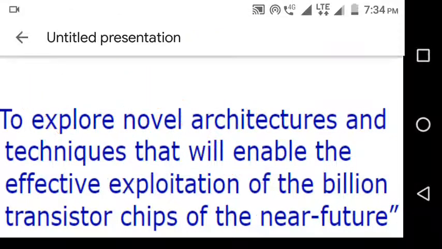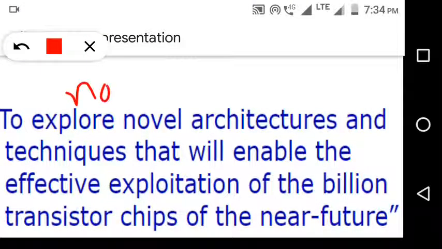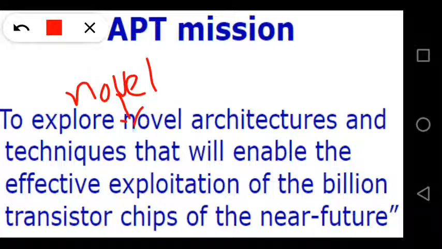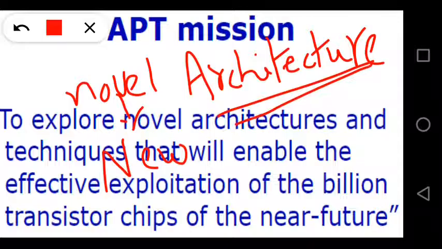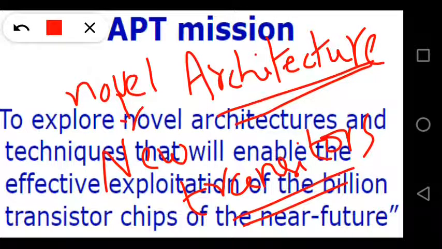For that reason we have to learn the novel. Novel means new architecture. You have to learn a new architecture, and this new architecture should support billions of transistors.